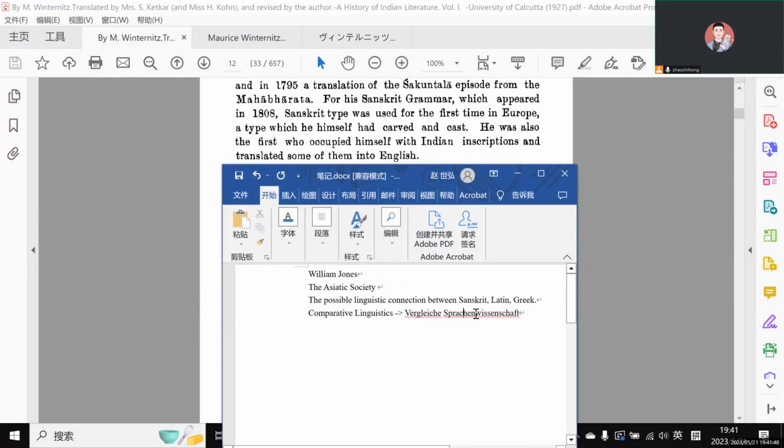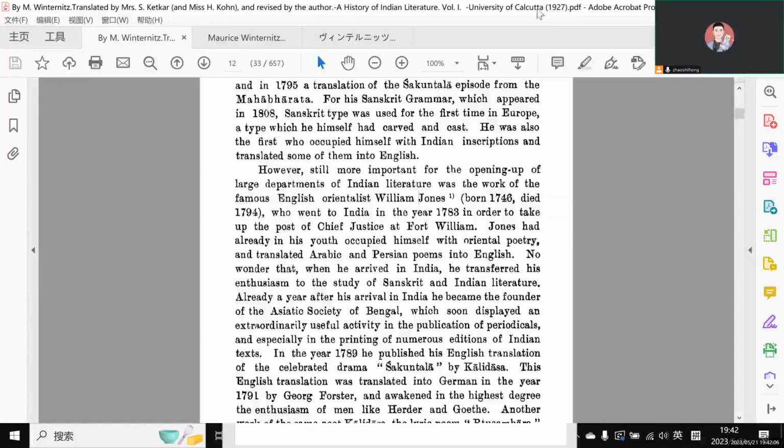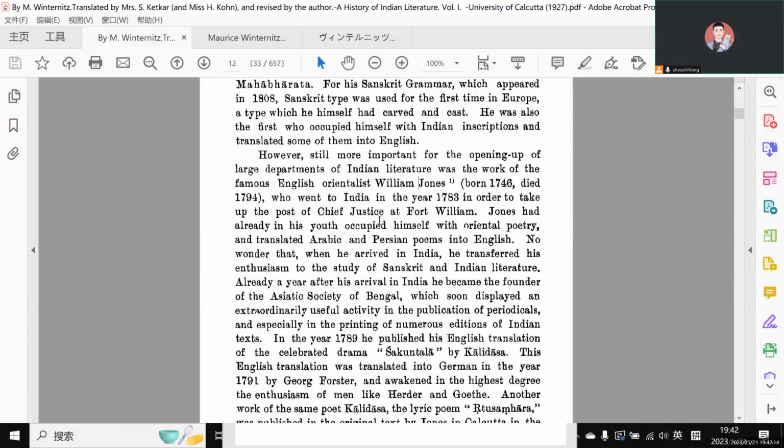Sprachen, the languages, Wissenschaft is knowledge. Vergleichende Sprachwissenschaft. Okay, that's the word for this discipline.